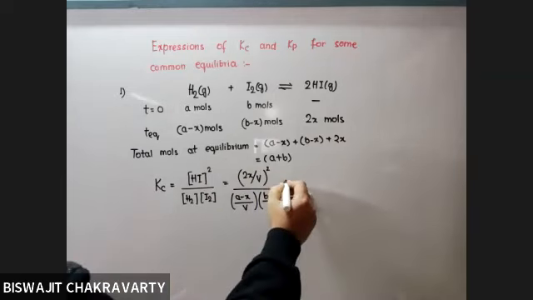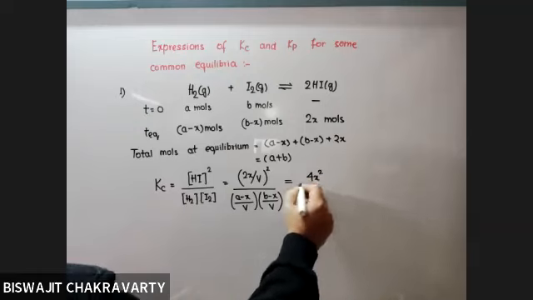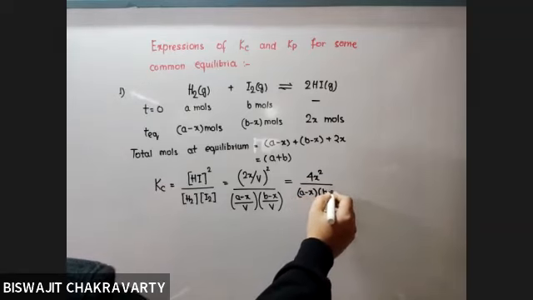So volume does not play any role because volume will get cancelled. So this comes out to be 4X square by A minus X into B minus X.